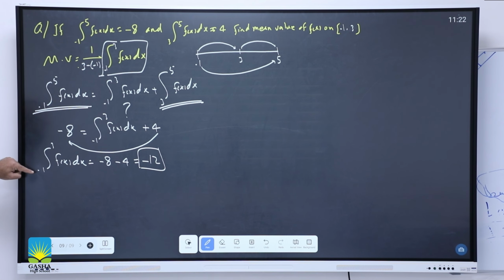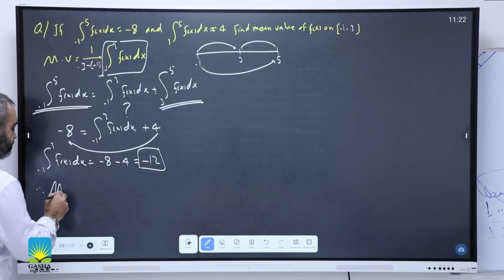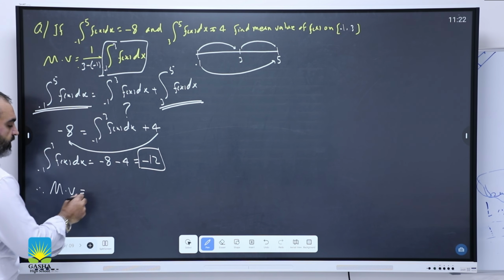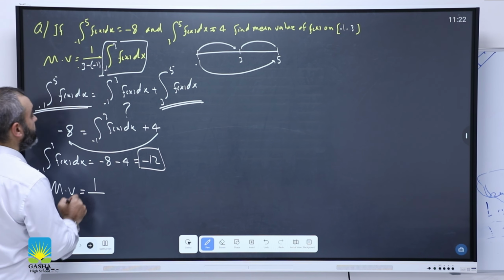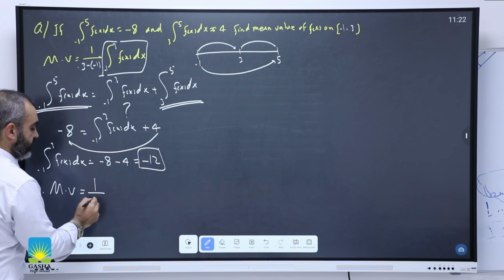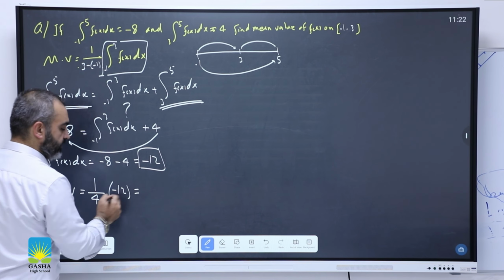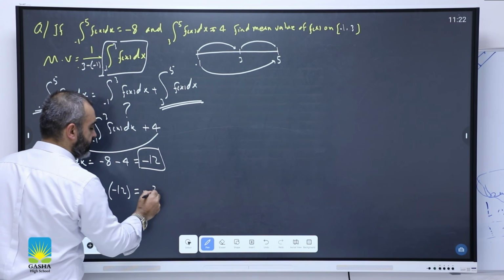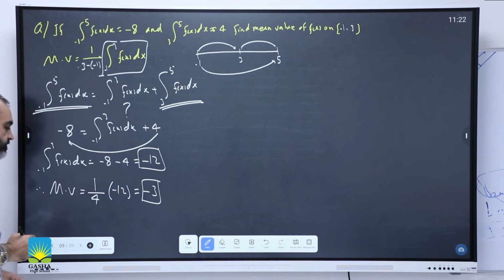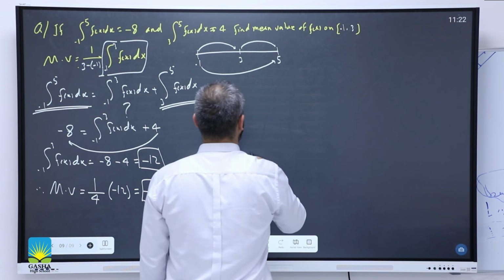So this is -1 to 3. So mean value equals 1 over 3 minus -1, it becomes 4, times -12, sorry. So it is -3. So the mean value is -3, right?